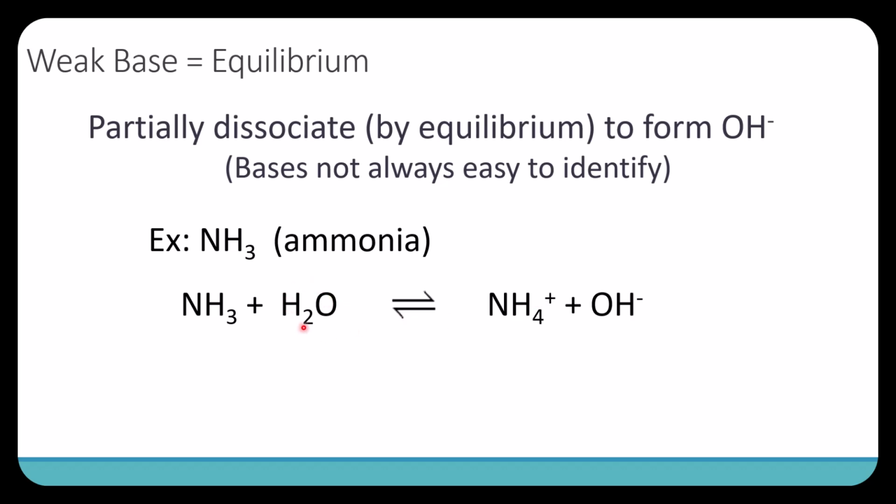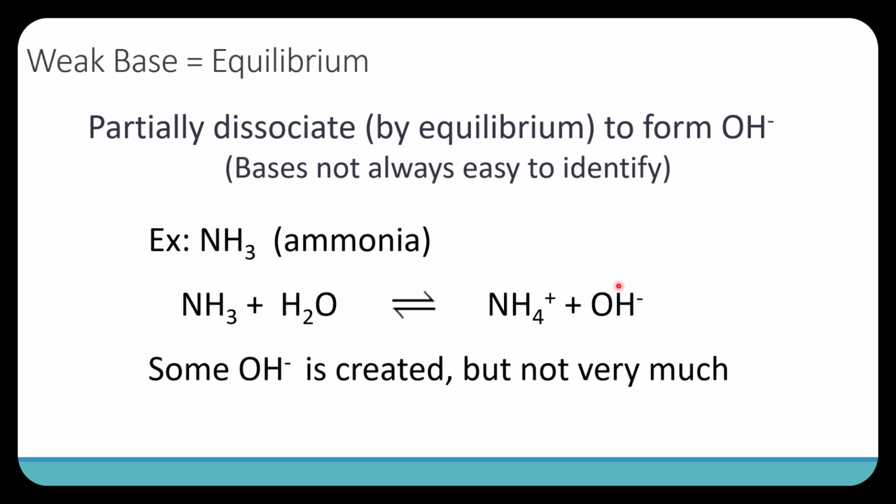For water, he's going to act as our acid, so proton donor. So he's got 2 hydrogens, now he's only got 1. And this formation of hydroxide is a really good indication that this is a base reaction. Okay. So in this weak base reaction, some hydroxide was created, but not very much.